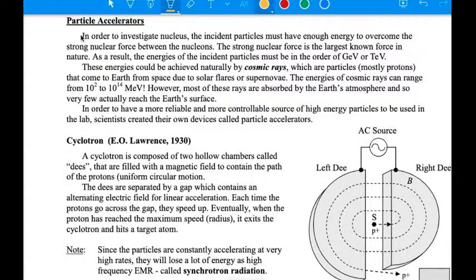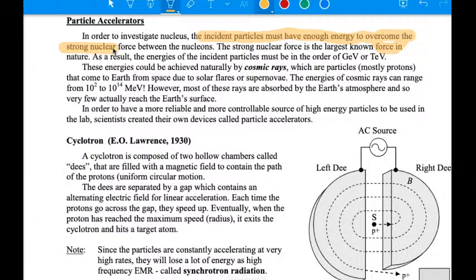So we can only really investigate the nucleus by itself if we're able to strip it of its electrons, and that can only happen when we shoot incident particles with a lot of energy to overcome the strong nuclear forces. Sorry, this isn't to strip it of electrons.